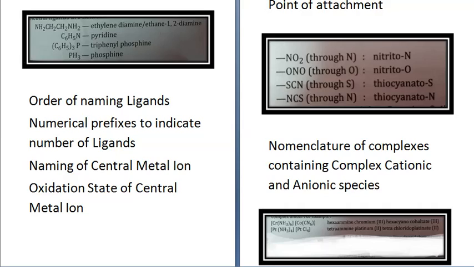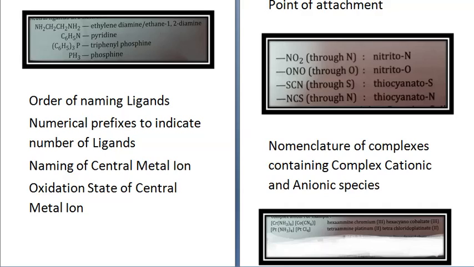Next is naming of the central metal ion. The name of a negatively charged complex ion ends with ATE, followed by the oxidation number in brackets. For example, K2[Zn(OH)4] is called potassium tetrahydroxozincate within brackets 2.